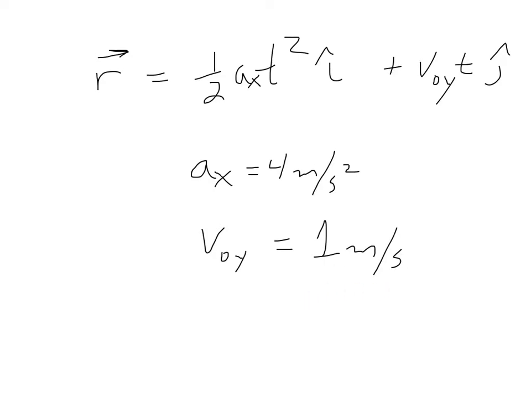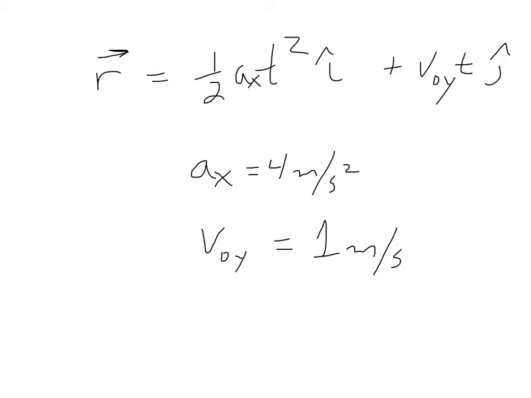Now remember, the object is just one object, and this is just its y component of velocity, and this is the x component of velocity, and really it's moving in 2 dimensions, so it's experiencing this acceleration and this constant velocity in the y direction simultaneously. This acceleration is only in the x direction, this velocity only occurs in the y direction.